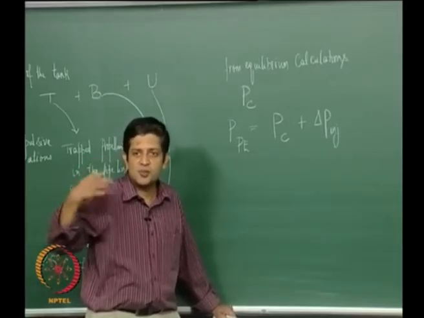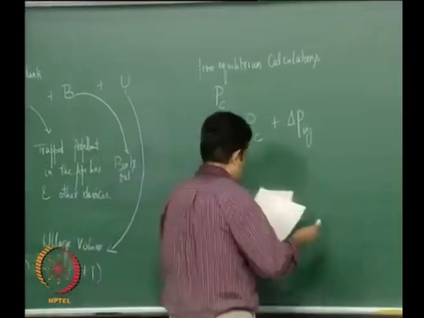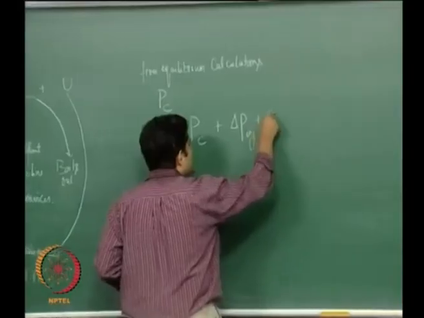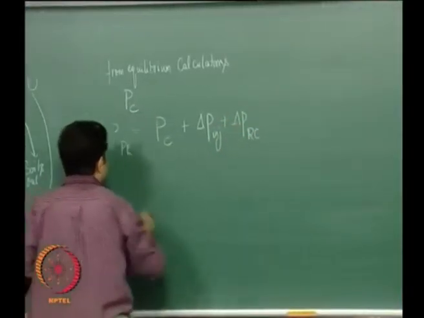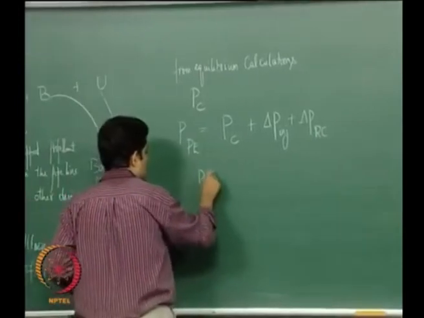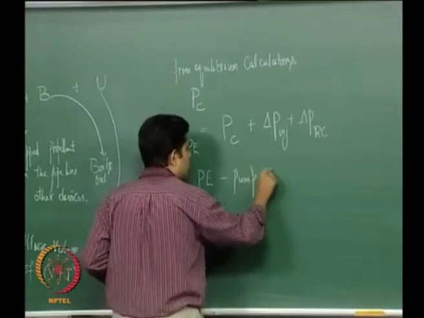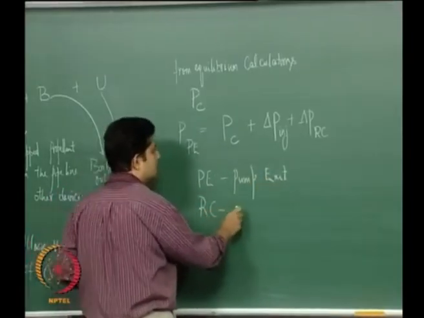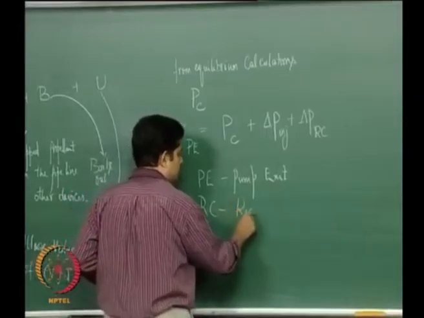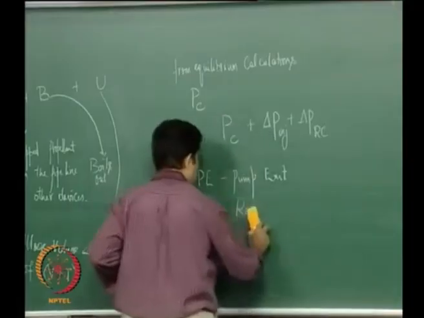So, there is a large pressure drop in this coolant jacket. So, there will be a pressure drop, where RC is recirculation chamber, or regenerative chamber, sorry.